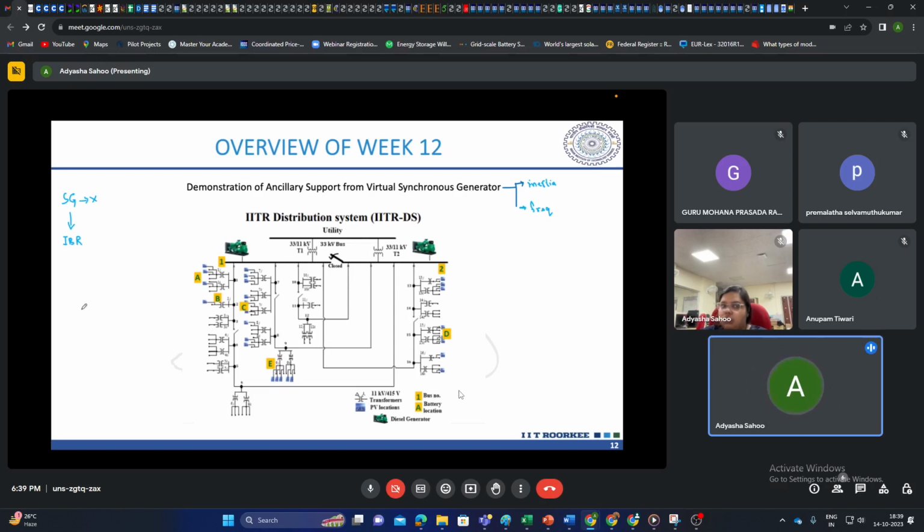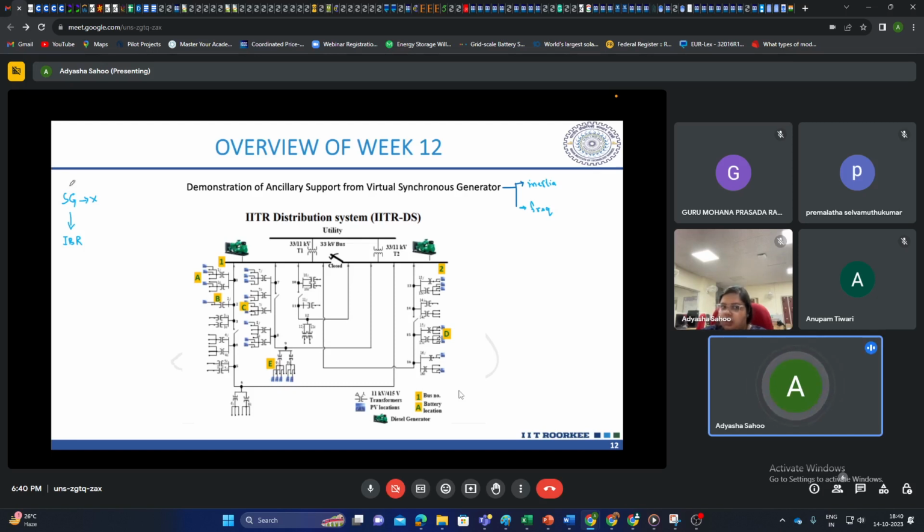So whenever there is a disturbance in the system, earlier the energy stored in the mechanical parts of the synchronous generators was released instantaneously to manage the drop of frequency.